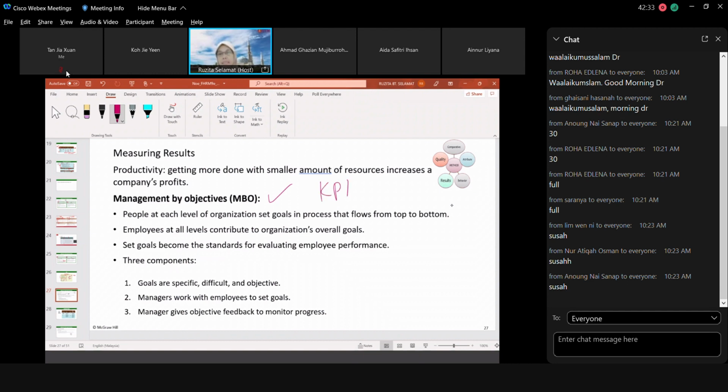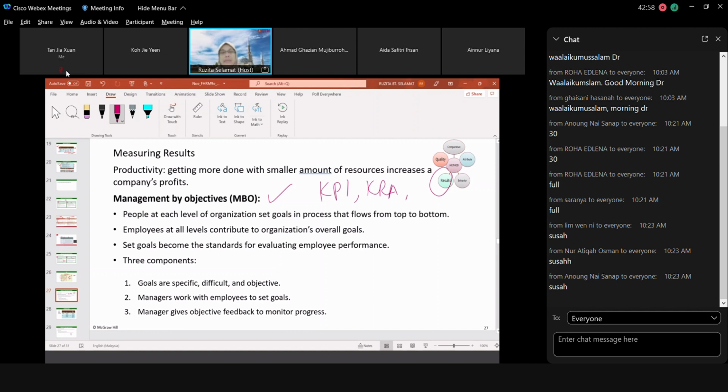Key performance indicator, or some company call it KRA. Ataupun mungkin ada yang simply use goals or objective, right? Okay, we meaning managers will guide people to perform by letting them know what is expected of them to do.